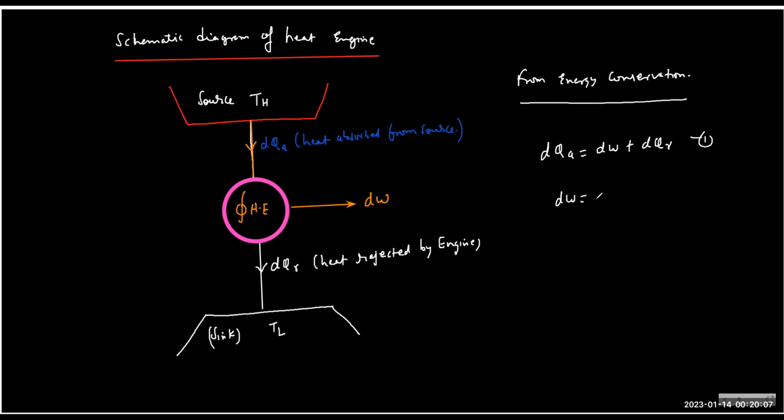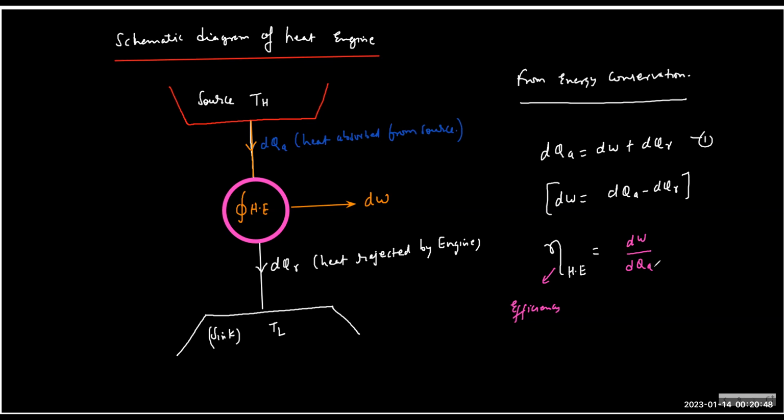How much work do you attain? Work we can write as dQA minus dQR. So how do we define efficiency of a heat engine? If it can convert all heat into work, it is called 100% efficient. So we define efficiency as how much work we attain per unit heat absorbed, the same definition I gave in the last lecture.